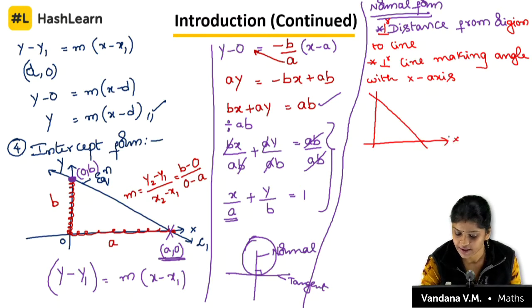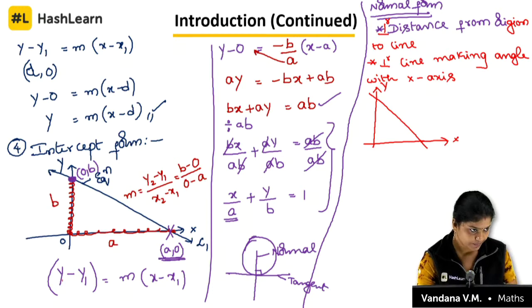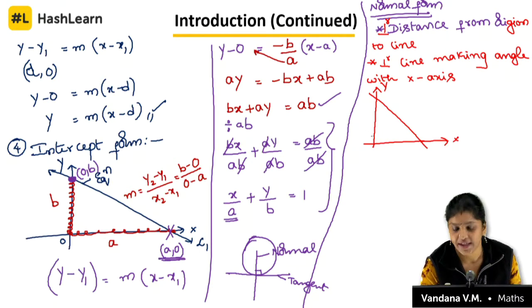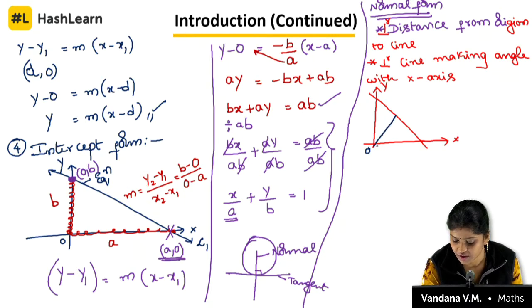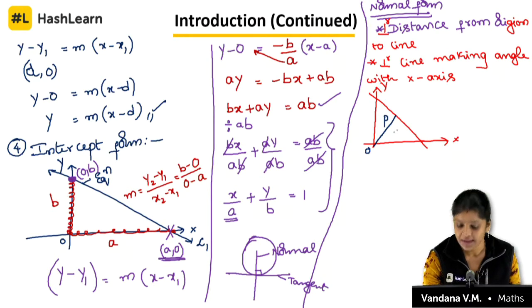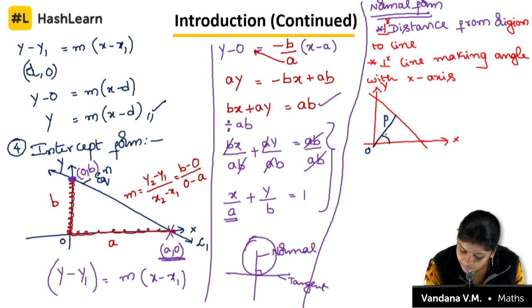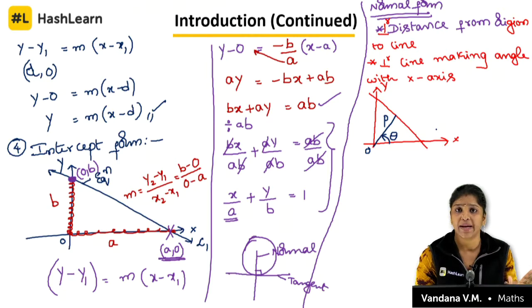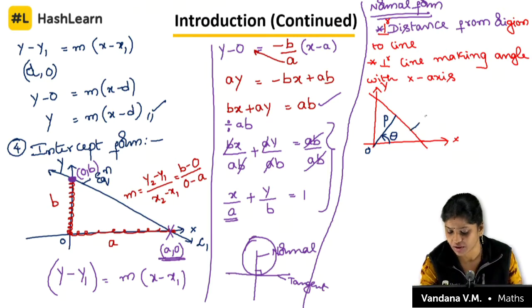This is the x-axis, this is the y-axis. Listen to what I said, this is the origin, and this is the perpendicular distance, right? They will give you this distance and this angle, like some theta. They are not going to provide any information about the line itself.